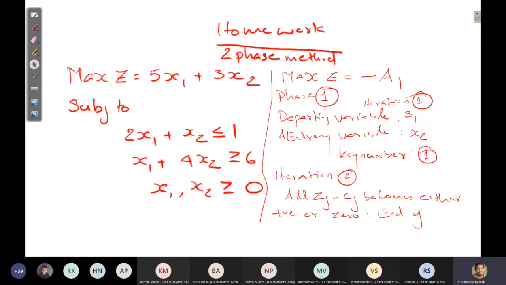But in this case, A1 exists in the solution, or product mix. So A1 exists in the product mix.